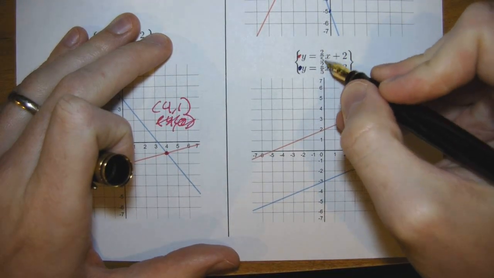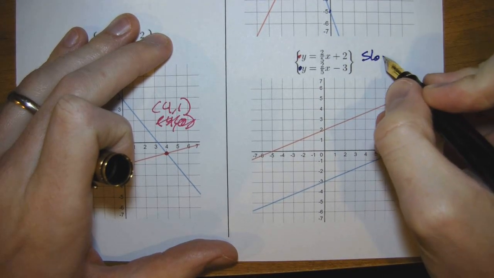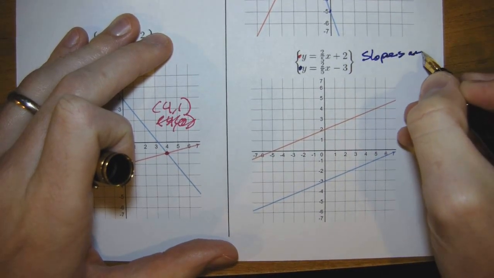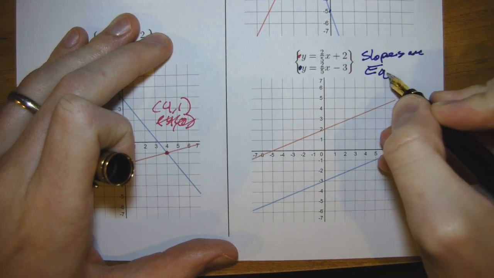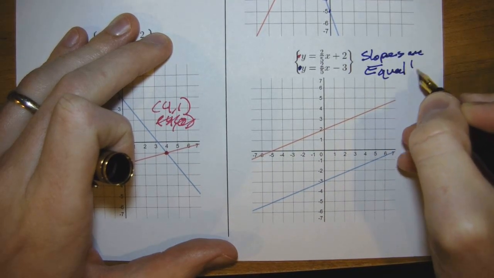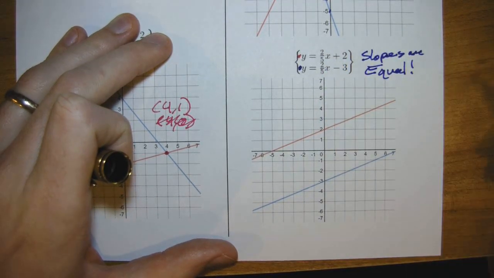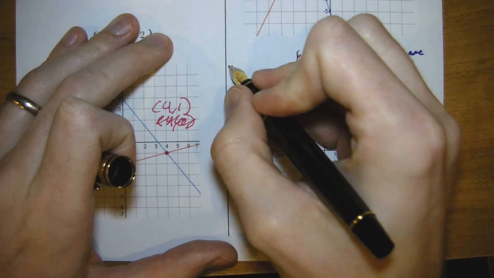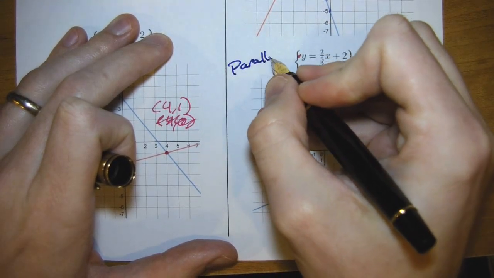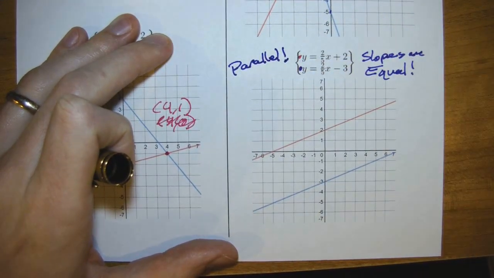The other item that makes this interesting is that the slopes are equal. So here's the deal. If the slopes end up being the same and the y-intercepts are different, our lines are parallel.